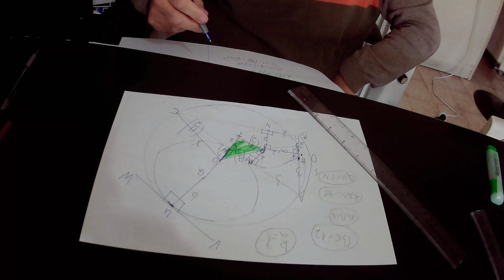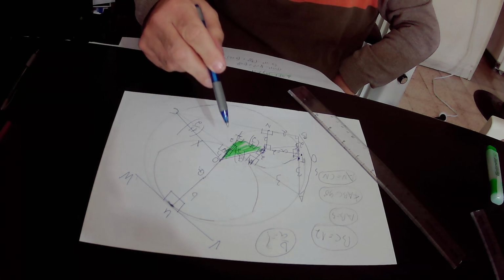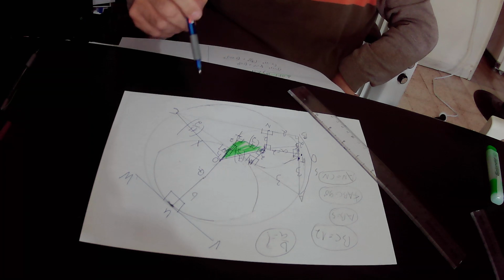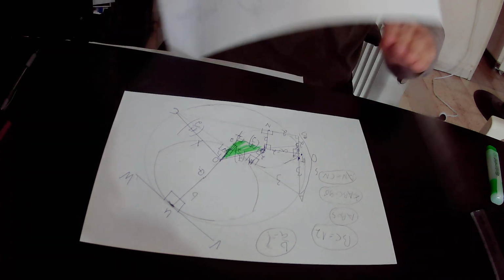In the next step, we will implement the Pythagoras theorem on the right triangle ONC. So I'll copy the right triangle ONC in a new page, and we will implement on it the Pythagoras theorem.